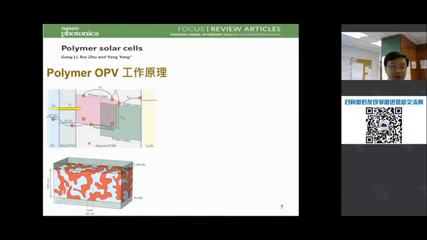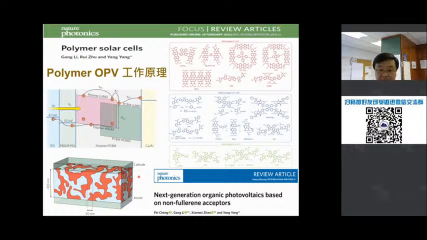For organic solar cells, morphology is an important part. Here shows what people imagine as cartoons of the organic solar cell morphology. You want an interpenetrating network of donors and acceptors, each with their own pathway. You want the domain size to be not too big, because your excitons need to reach the donor-acceptor interface. We also have another review article from 2 years ago on the non-fullerene acceptors.